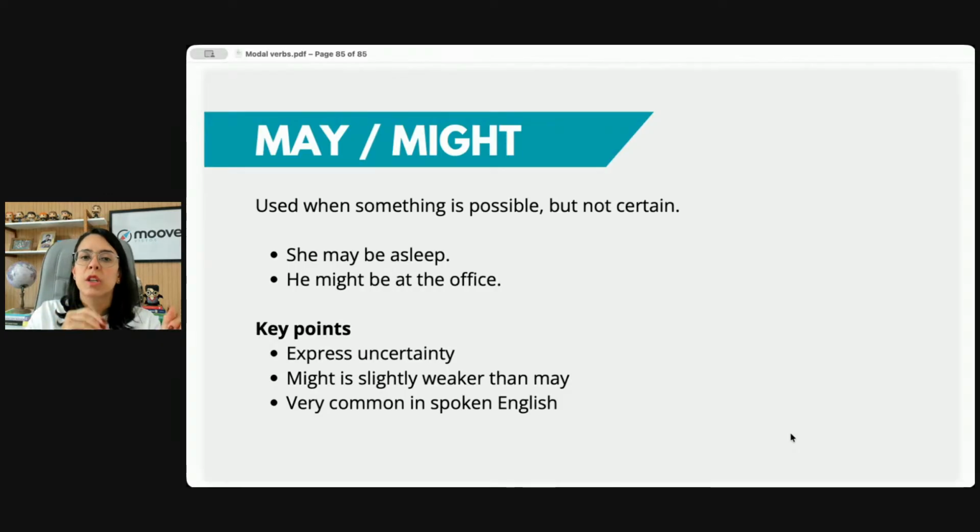So, using modal verbs is extremely important, whether you are communicating in real life or doing a proficiency exam. It is also very important in job interviews. For example, when you are talking about your abilities and skills, or your responsibilities at work, you have to.